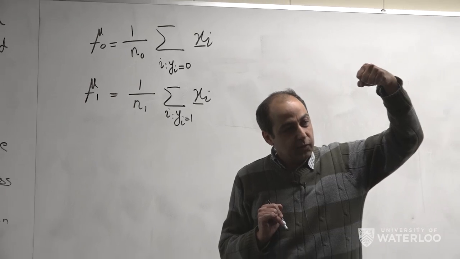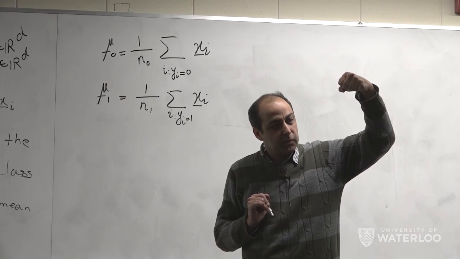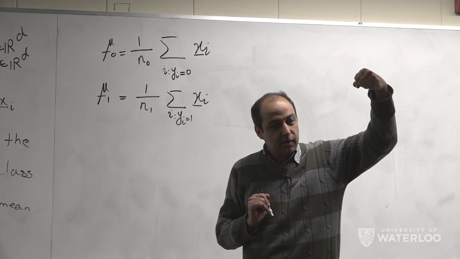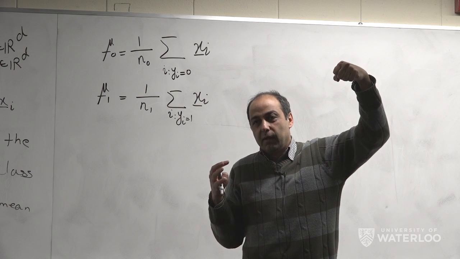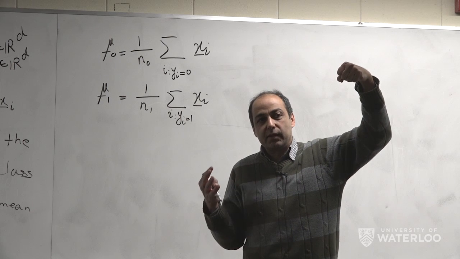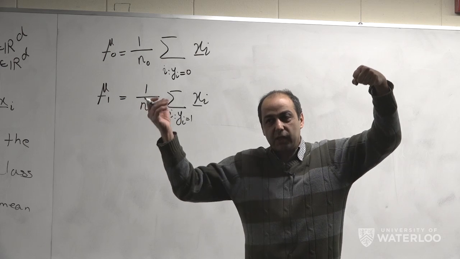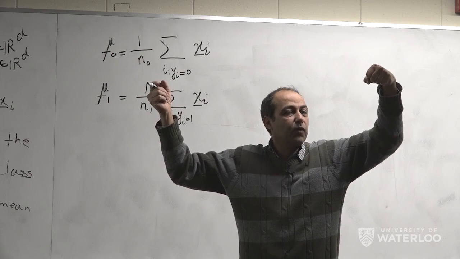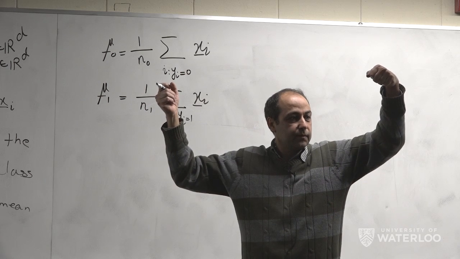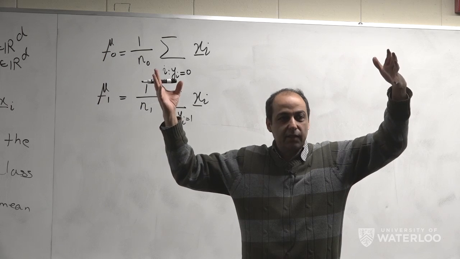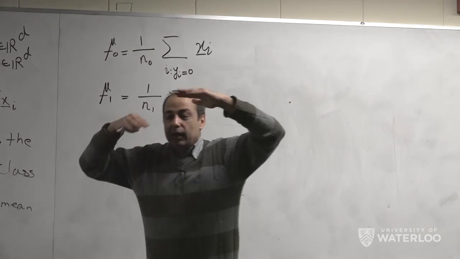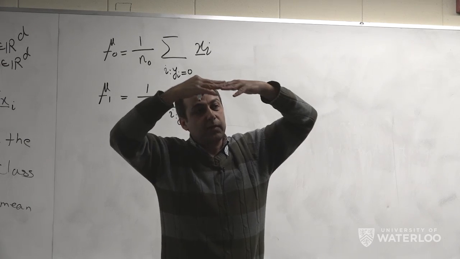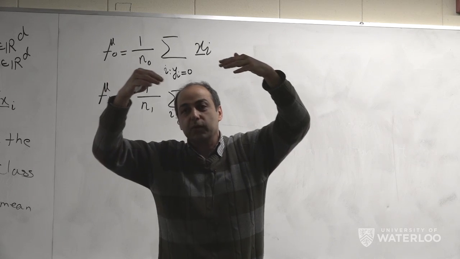The mean of points in the projected space would be W transpose mu0 for this class. And the mean of the points in the projected space for the other class would be W transpose mu1, right? Is that clear?